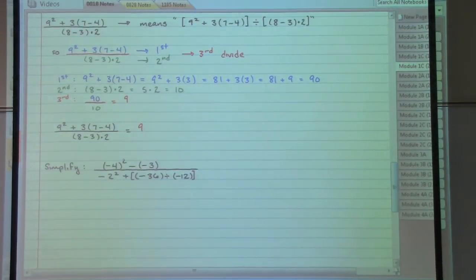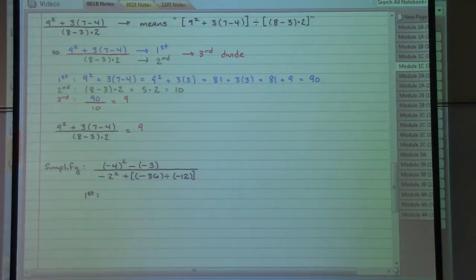let's take a look at this. What we have showing up on top is the first part of what we would want to work through. Up on top, we have a parentheses, -4, parentheses, power of 2, minus, parentheses, -3, parentheses.